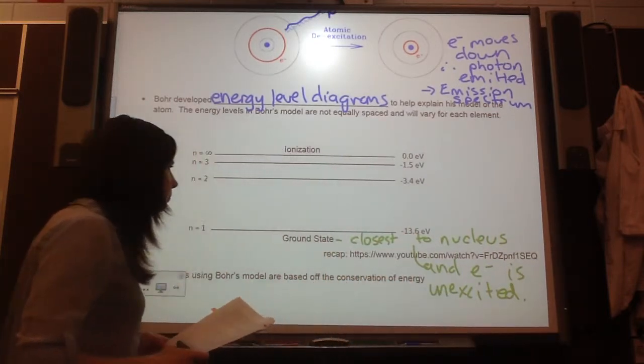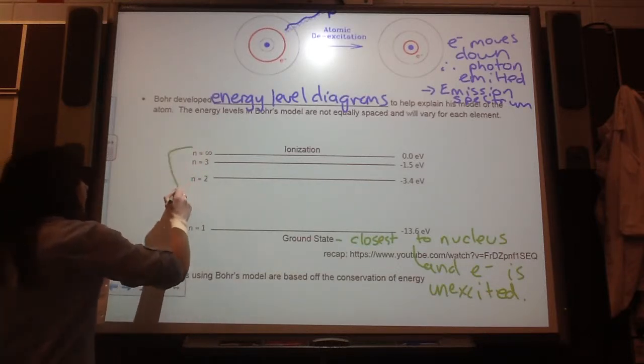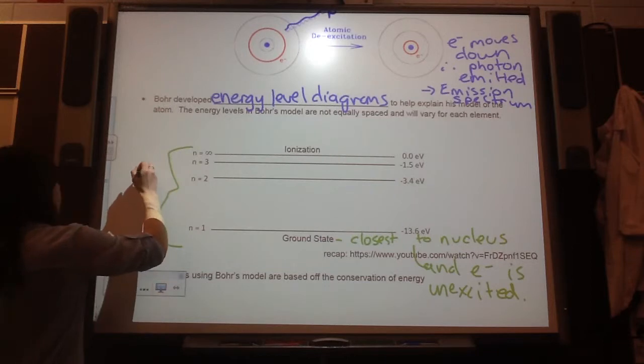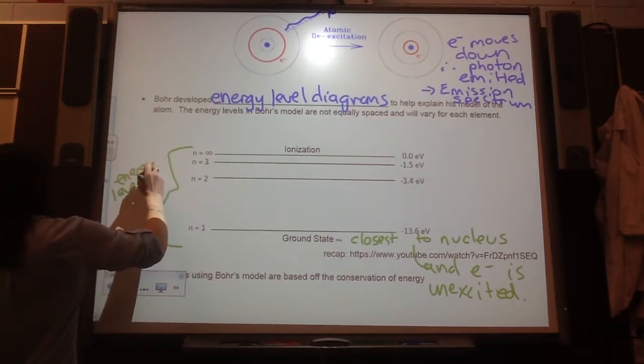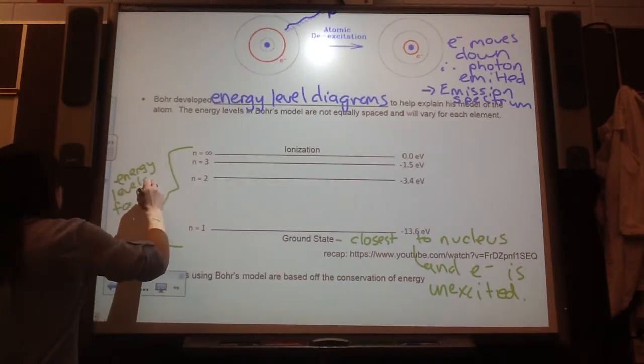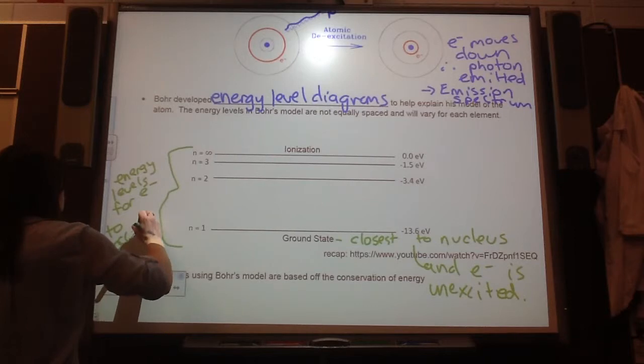So we label this as n equals 1, and these n's stand for energy levels for electrons to occupy.